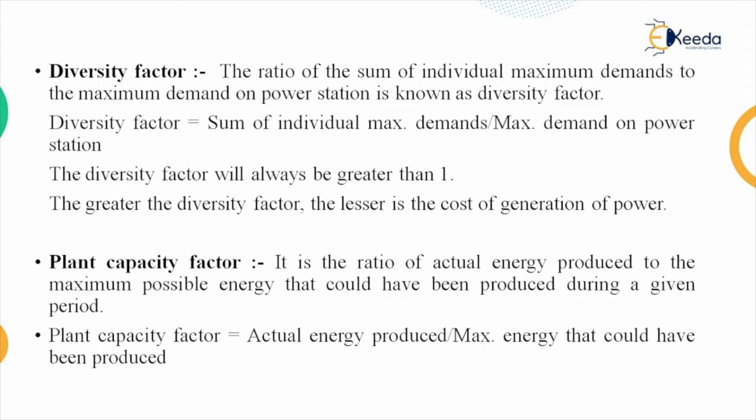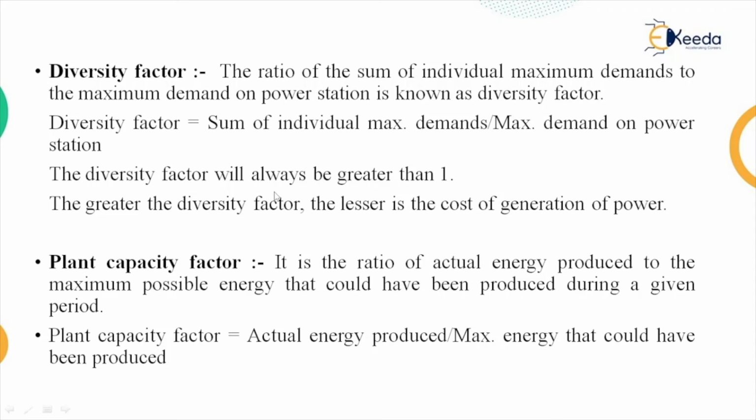One has a maximum demand of 1 megawatt, another 5 megawatt, another 3 megawatt. Always, the sum of individual maximum demands is greater than the maximum demand on the power station. So diversity factor is equal to the sum of individual maximum demands upon the maximum demand on the power station.